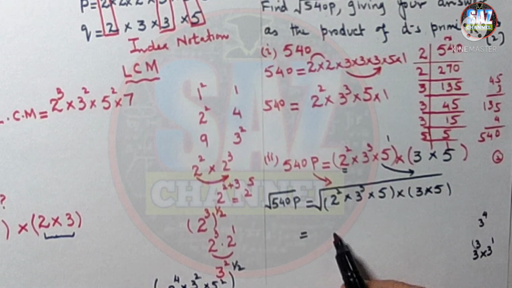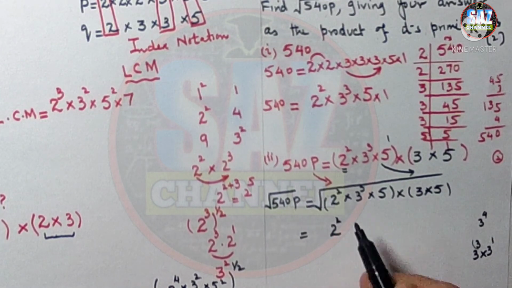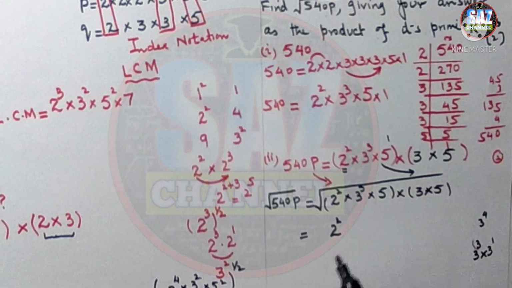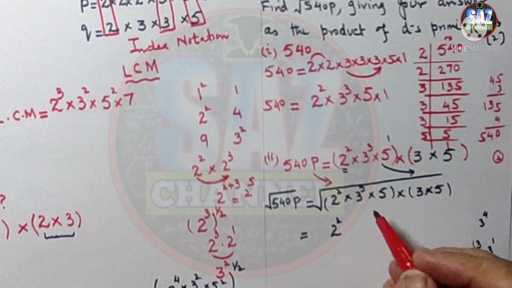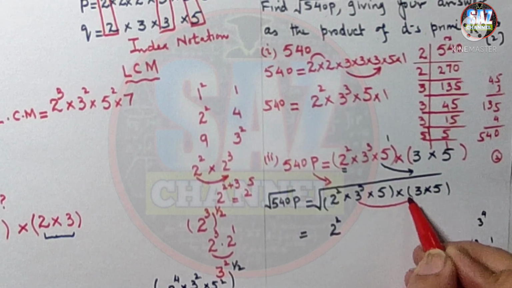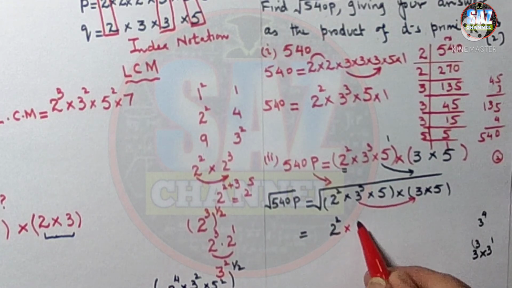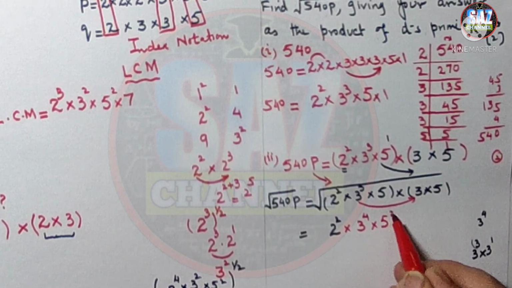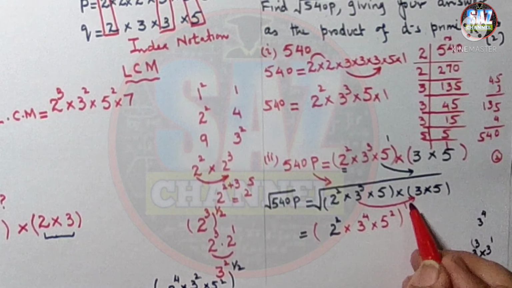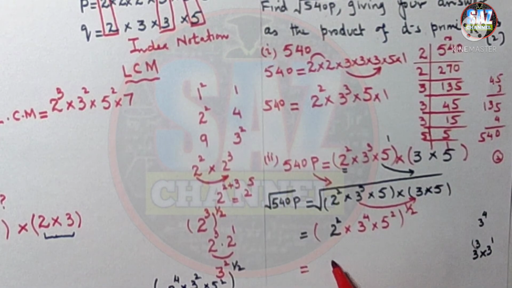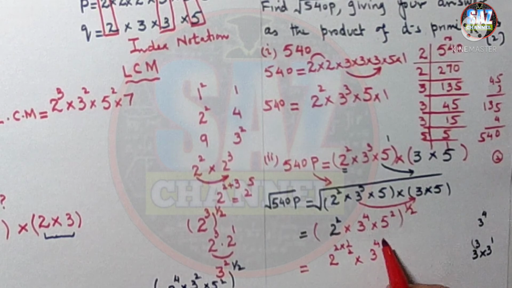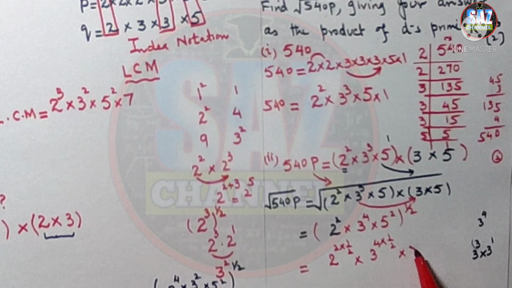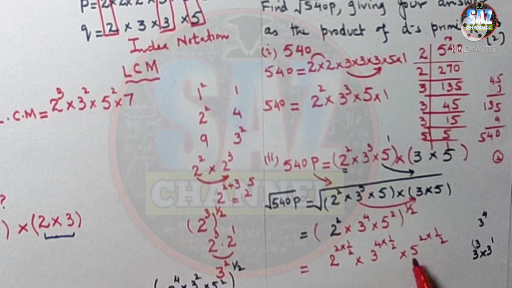And now 2 square, and 3, when this 3 is multiplied by 3 raised to power 1, by laws of indices it will become 3 raised to power 4, and the same for 5 square, all raised to power 1 by 2. Now again apply laws of indices: 2 square raised to power 1 by 2, 3 raised to power 4 raised to power 1 by 2, 5 square raised to power 1 by 2.